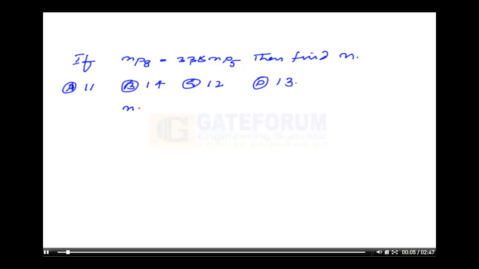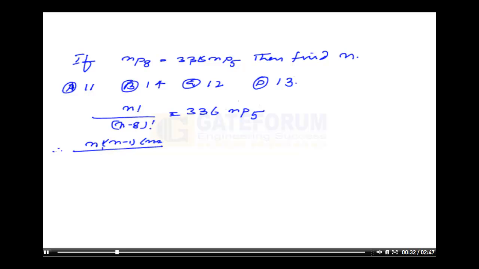n factorial by n minus 8 factorial equivalent to 336 times nP5. By expanding n factorial as n, n minus 1, n minus 2, up to n minus 7, n minus 8 factorial by n minus 8 factorial equivalent to 336.